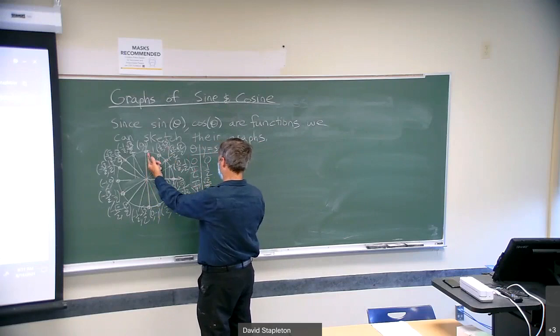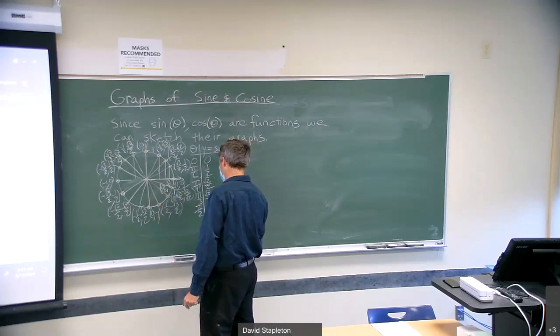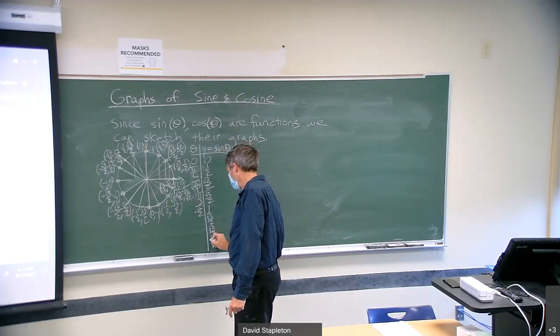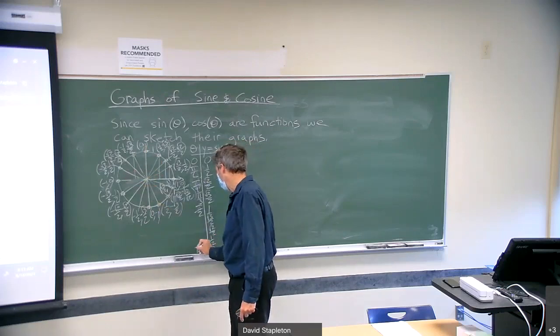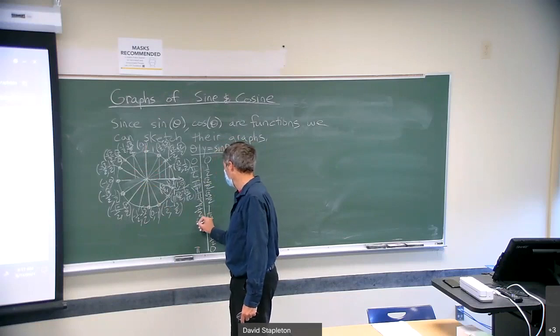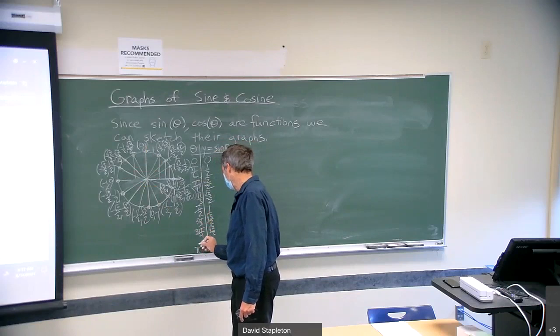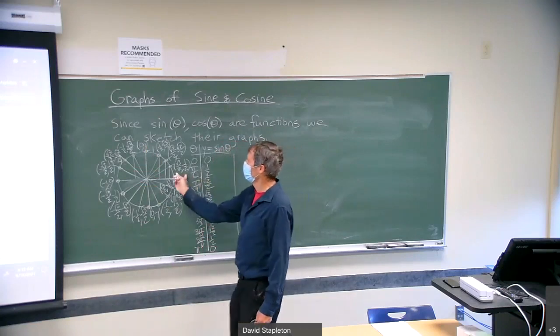At pi over 2, 90 degrees, sine is 1, the y coordinate is 1, and then I go back down the same way, square root 3 over 2, square root 2 over 2, 1/2, and the y coordinate is back to 0 at pi. So here's 2 pi over 3, 3 pi over 4, all the special angles within. And with your calculator, of course, you can fill in all the spots between these. And that takes me from 0 to pi.